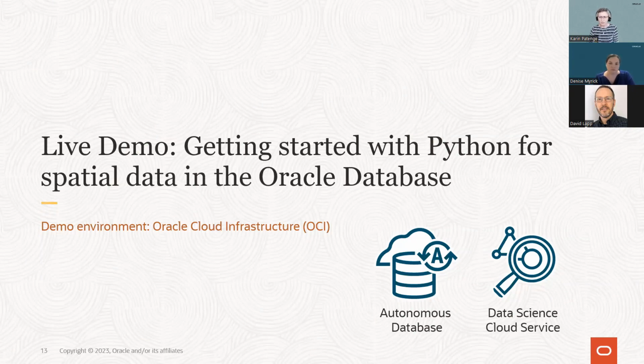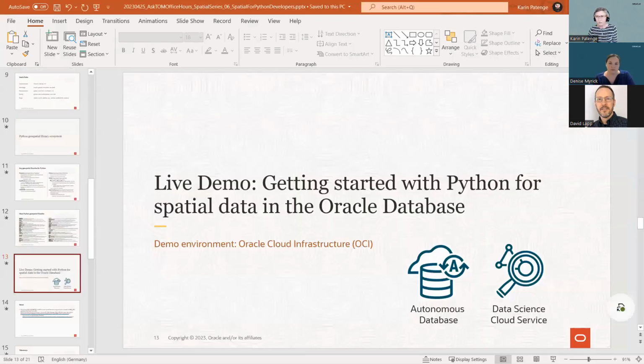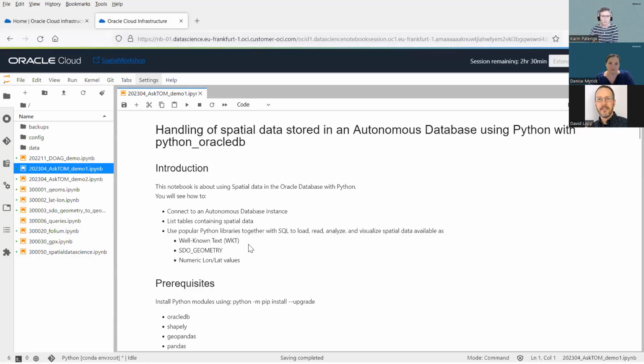Okay, if not, then let me just stop the presentation here and start my notebook and talk about handling spatial data that are stored in the Oracle database. And here I have an autonomous database instance, which we are going to use together with Python.